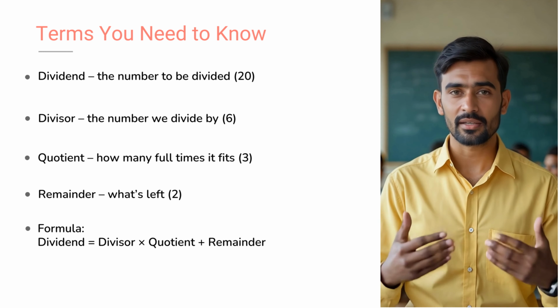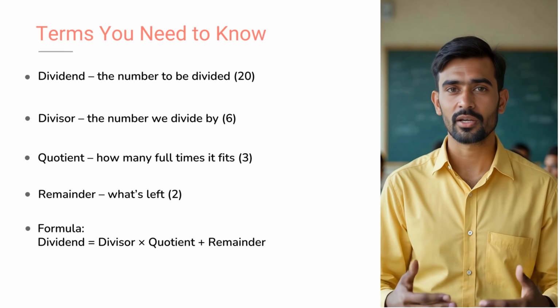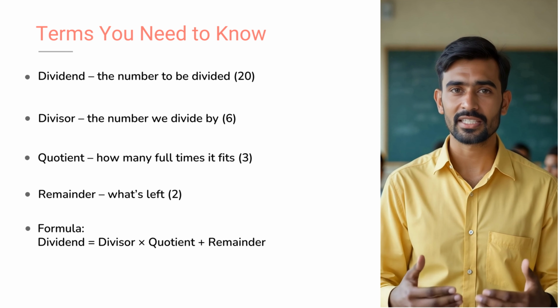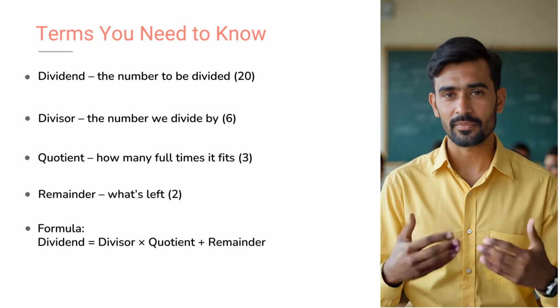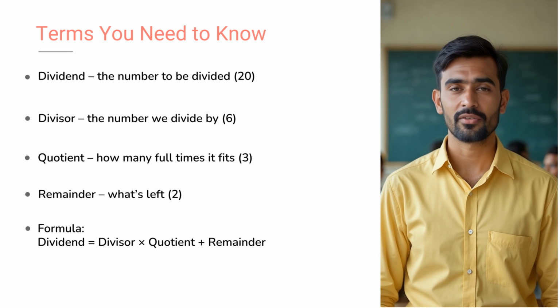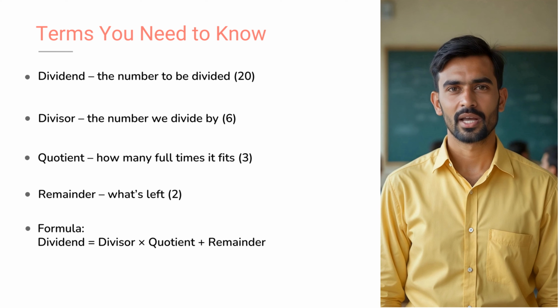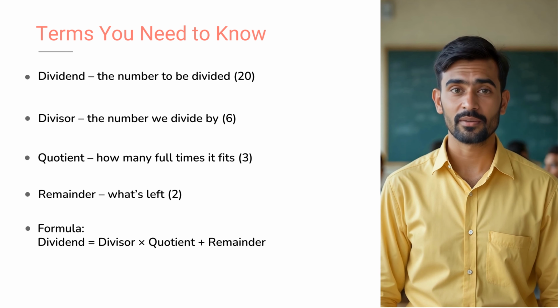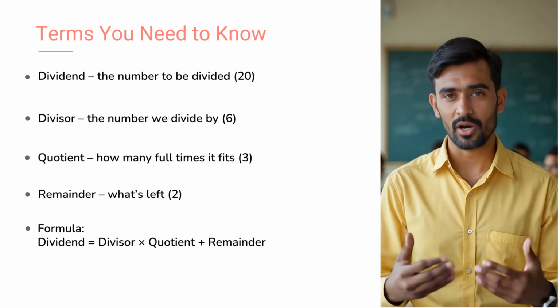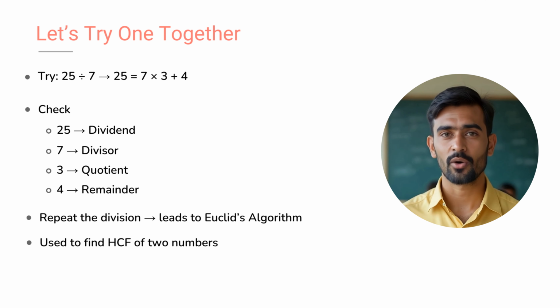Here, it's 3. And finally, the remainder, what's left over after dividing. In this case, it's 2. So anytime you see a division problem, just remember dividend equals divisor multiplied by quotient plus remainder. Simple, logical, powerful.